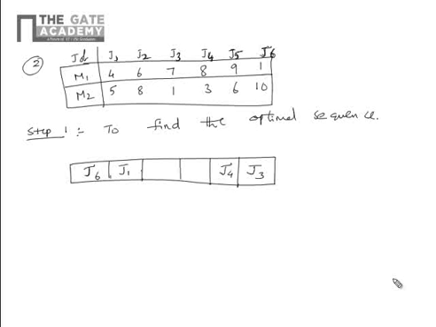Next least value is 6 with M1 again, so J2. Remaining one is J5.